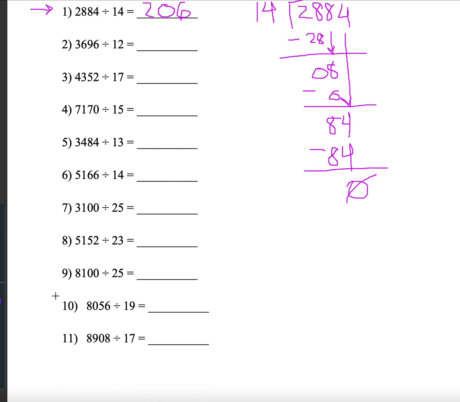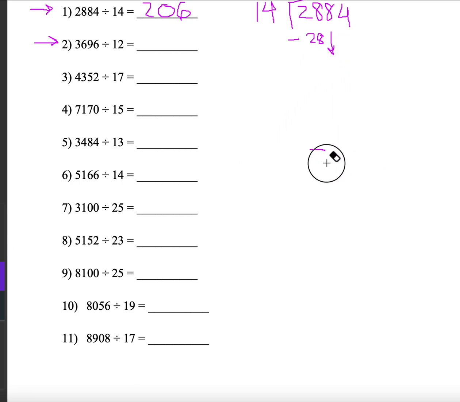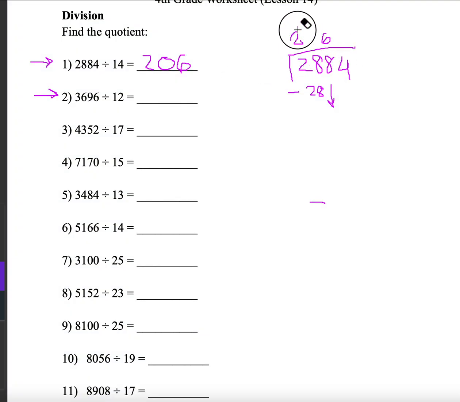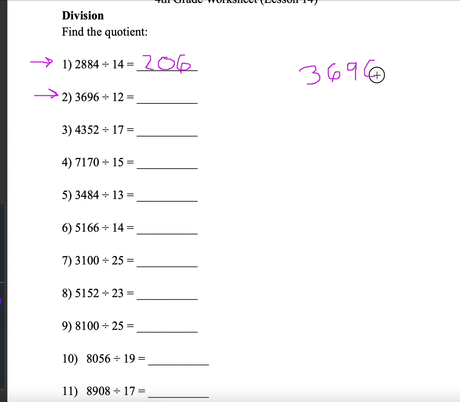Let's look at number 2. So let's erase this really quick. So then now we have 3,696, and if we divide that by 12, well, we know that 12 times 3 is 36, so we can add that 3 there.